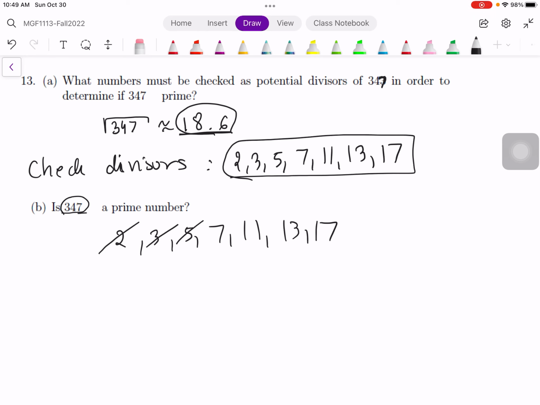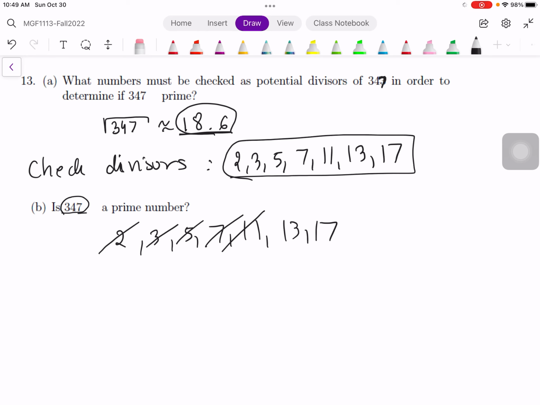It's clearly not divisible by 5. By 7, I don't know. We don't have easy tests, so you can grab a calculator, divide by 7, and you would see it's not divisible by 7. Is it divisible by 11? No, you're going to get 31.5, so not a whole number. Is it divisible by 13?